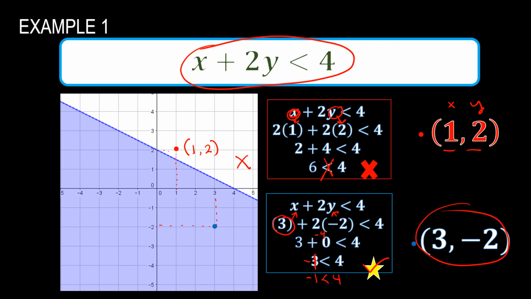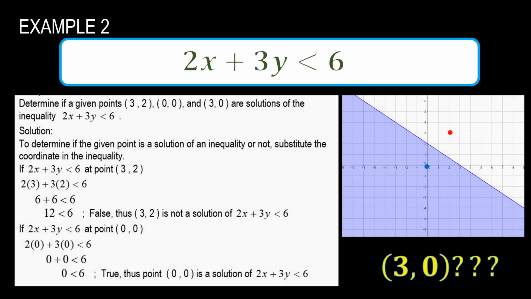And again, in the next video lesson, you are going to graph the given inequality. This time, I just show you how to plot the points given the equation itself and the point, 1 point or 2 points. Okay, let's proceed to example number 2. Basically, this is just the same with example number 1.